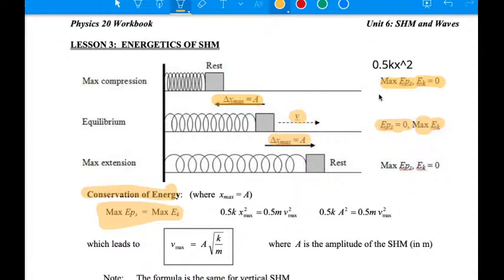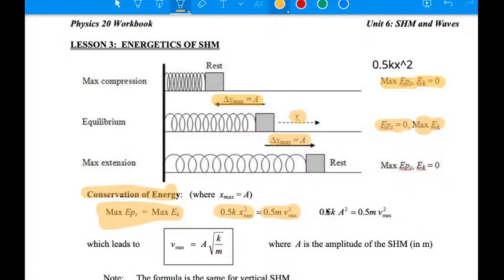So like I showed here, we've got half of kx squared as our spring energy when x is max. That's our maximum stored potential energy. And half of mv squared is our kinetic, an even more familiar formula. And when speed is max, our kinetic energy is max.